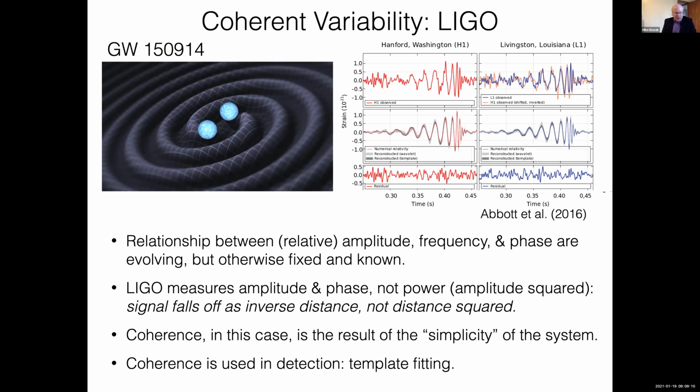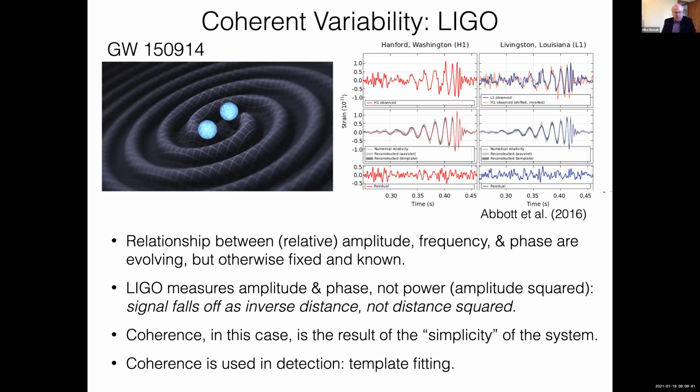Although the calculations for this waveform are extremely complex, the system itself is extremely simple. These are effectively really just two point sources. Black holes are described by mass and spin, and that's it. So there's really no structure there. There's no turbulence or other random variability going on in creating these waves. So we can very precisely calculate what the phase, amplitude, and frequency should be.